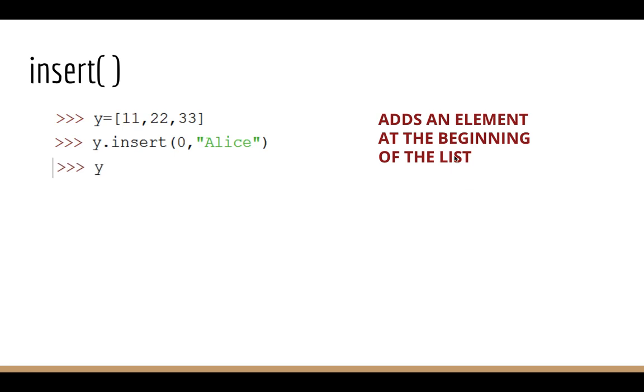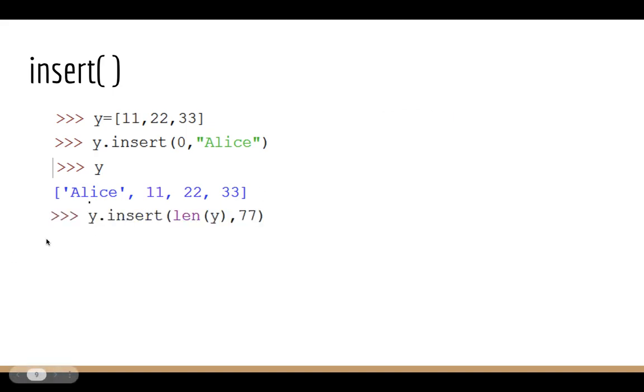Let's see the updated value. Just type in Y and press the enter key, and I'll get the new list with the elements as Elise, 11, 22 and 33. Now if I want to add an element at the end of the list, we know for that we have the append function, but let's say you want to do it with the insert function. Then how will I do it? I'll use this syntax, list name dot insert, then the length of the list.